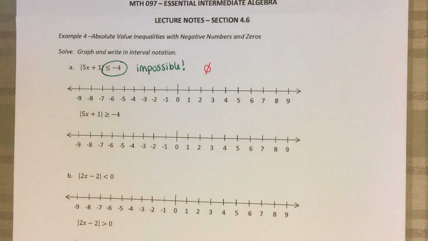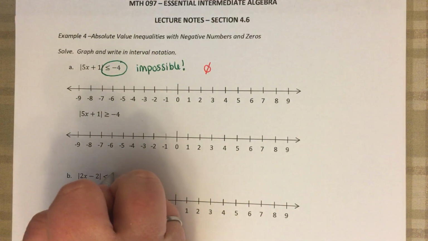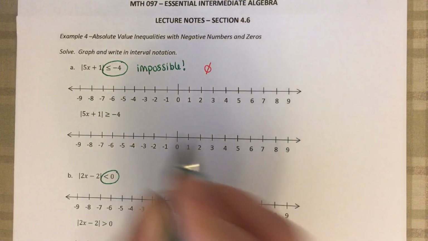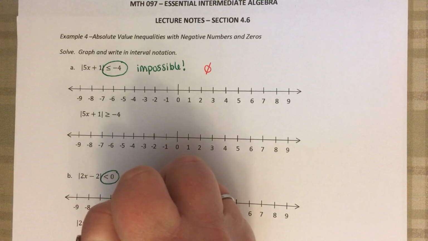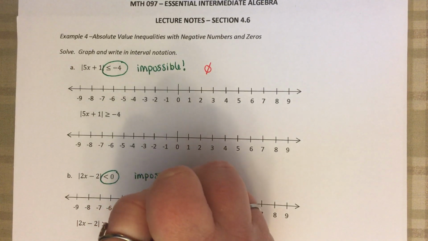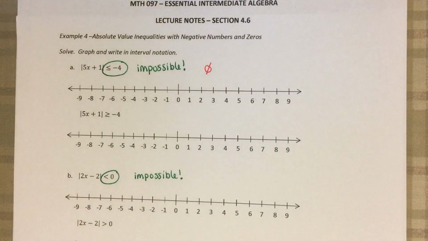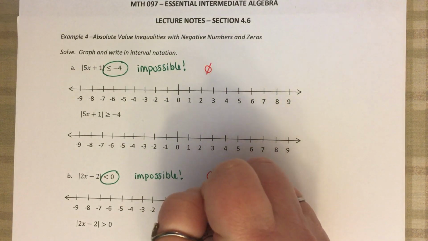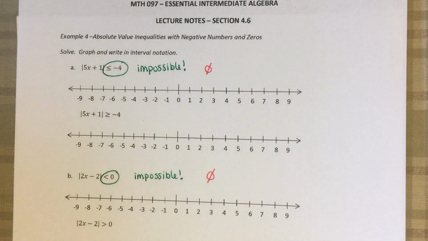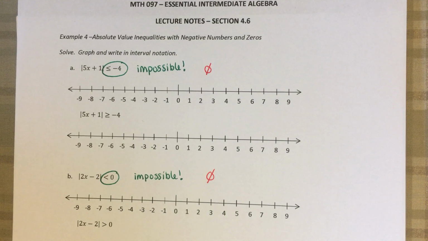This first statement in B, where we're saying less than 0, well, that's the same thing. That is also impossible. So this one here also has a solution of the empty set. So it's impossible to be less than or equal to a negative number, or less than 0.